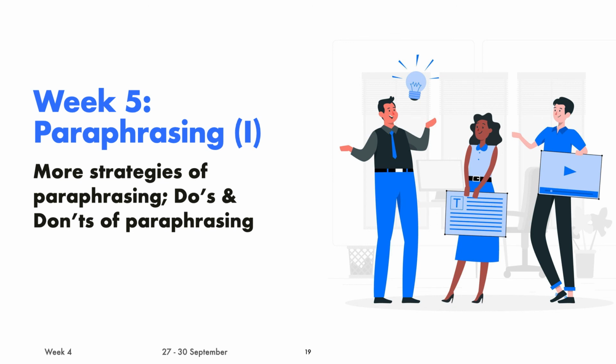Okay, so I'll show you some examples later on in the class. And we'll also talk more about the strategies of paraphrasing. So aside from nominalization, what else can we use? What other tools can we use to make our writing more concise?